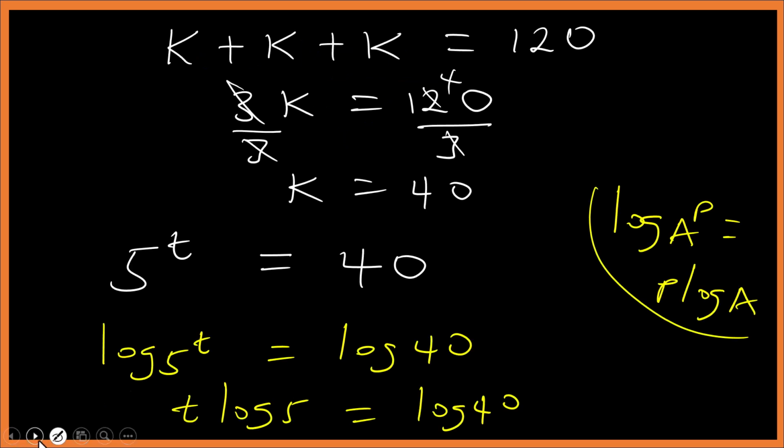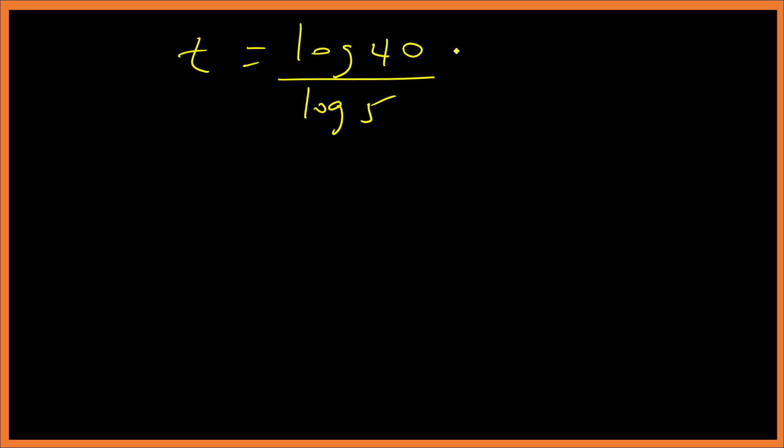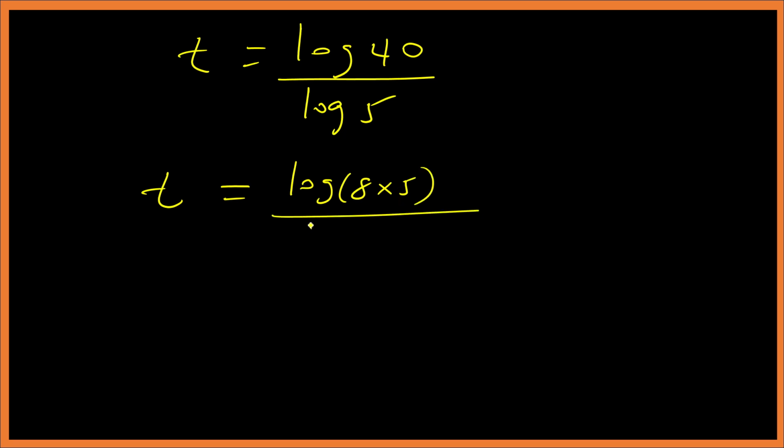So we have that. Now let's reduce them, okay? So from here, the numerator can be written as, now 8 times 5 is 40. So we have log 8 times 5 on log 5.